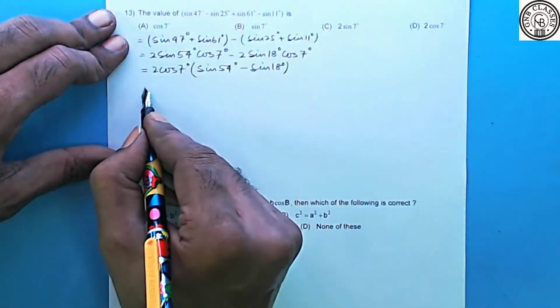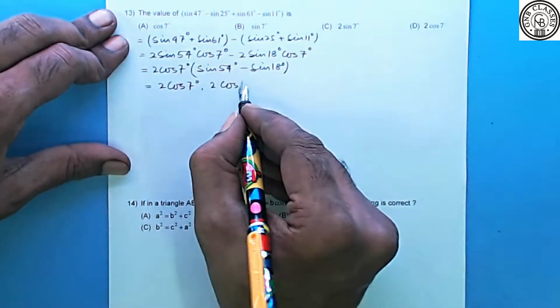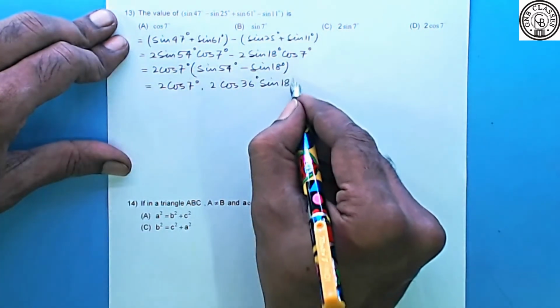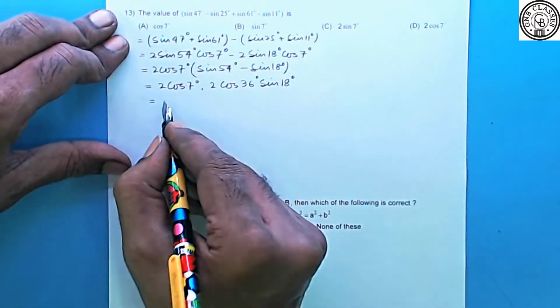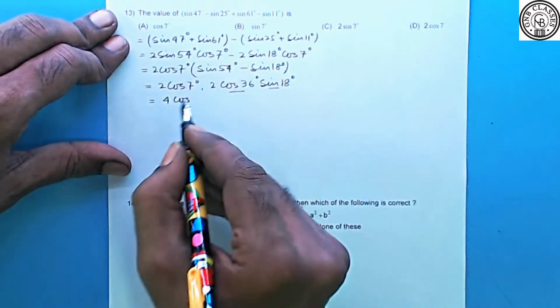Now applying the formula of sin C minus sin D here, we are getting... now let us simply put the values of sin 18 degree and cos 36 degree.